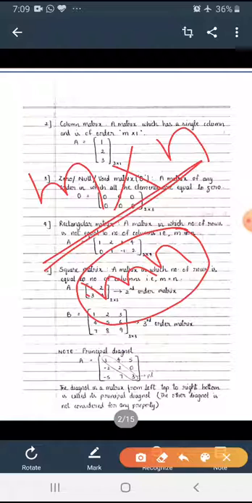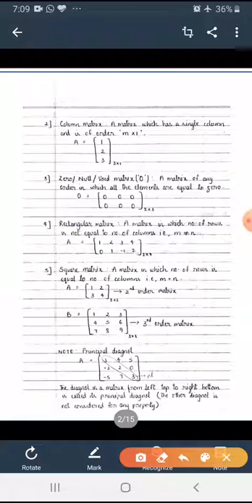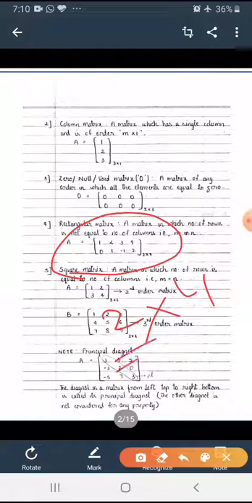In that, these two are not equal, meaning the number of rows is not equal to the number of columns. Then this matrix is called a rectangular matrix. See the example here: how many rows? 2 rows. How many columns? 4, so it is 2 by 4. Rows and columns are not equal, so this matrix is called a rectangular matrix.